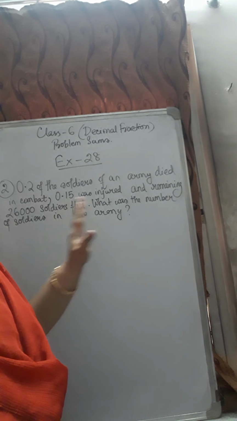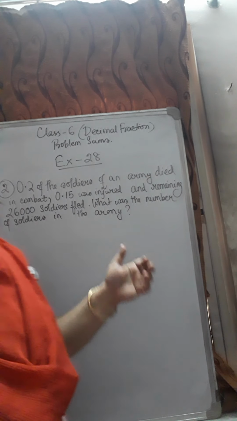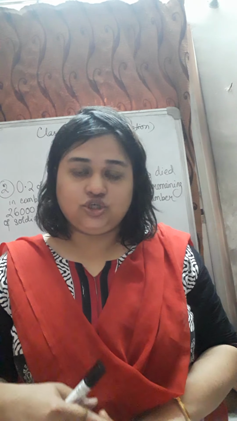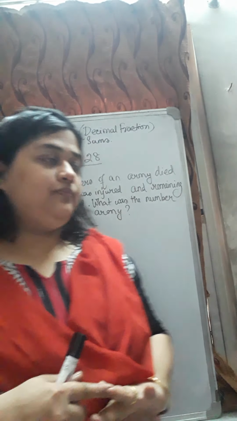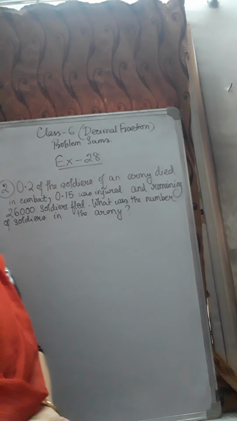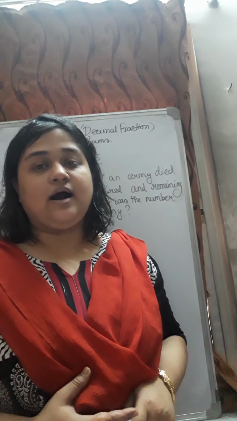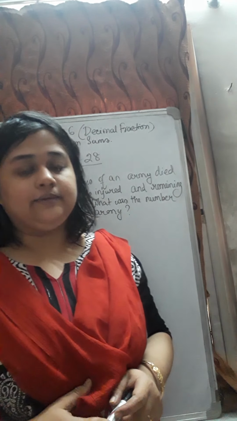Fled means they have escaped. What was the total number of soldiers in the army? So of all these soldiers, some of them have died, some have got injured, and some have run away. You have to find the total number of soldiers in the army. That means the total number of soldiers in the army was obviously more before, so you have to find that.